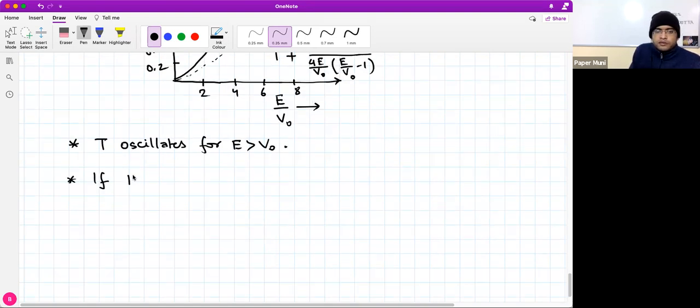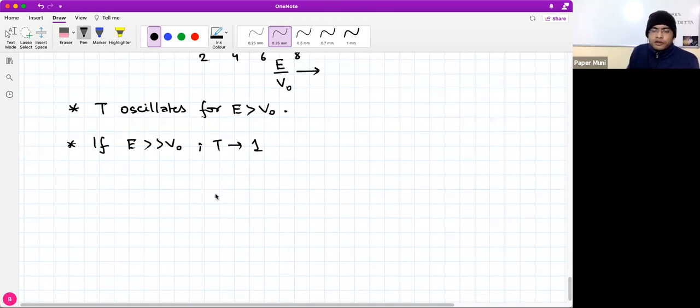Now if e is very much greater than v naught, this also gives us a value where t tends to 1. If you keep e very much greater than v naught, this also implies that the transmission goes to 1. That is intuitive also.